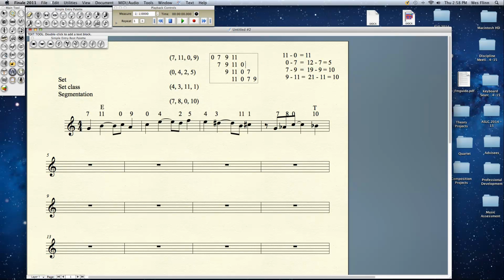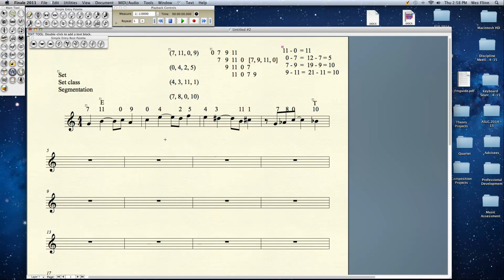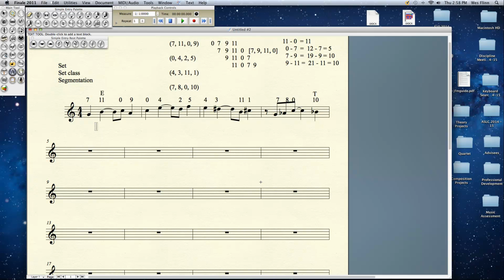And we would show that with square brackets, like so. We go through the same process for each of these, and I'll just go ahead and work them out here. We have 7, 9, 11, 0.